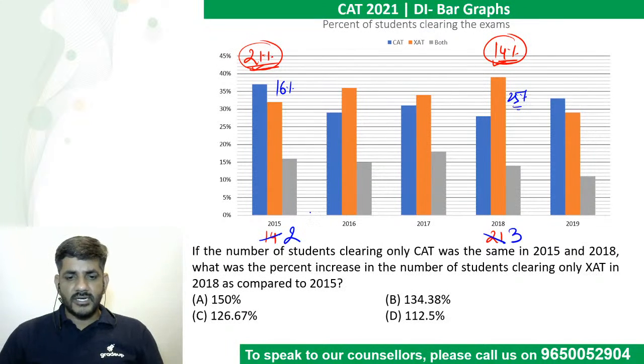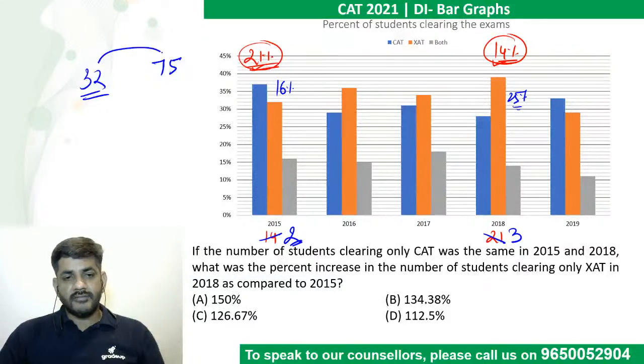So 16% of 2, that is 32, right? 25% of 3, that is 75. So the question is, 75 is how much more than 32? So I see it is 32 plus 32, that is 64, plus 11. It is 43 more on a base of 32.